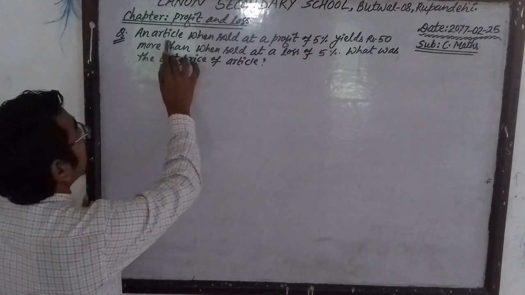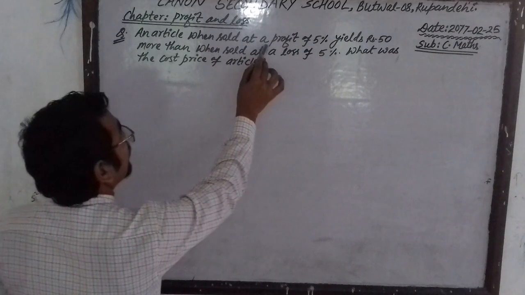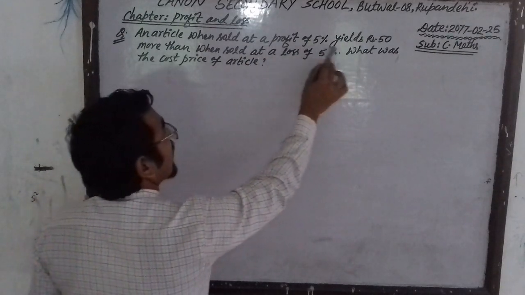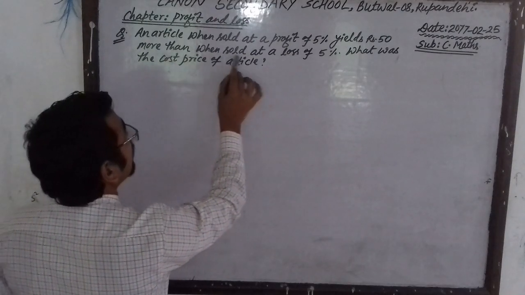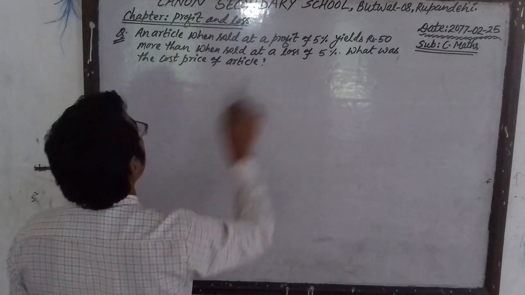An article when sold at a profit of 5% fetches rupees 50 more than when sold at a loss of 5%.